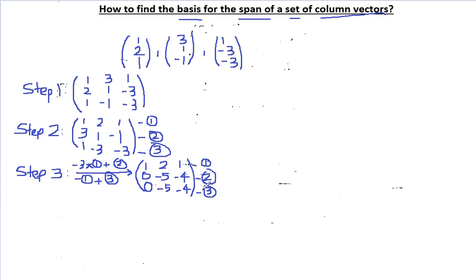So add minus 1 times row 2 to row 3. It's 1, 2, 1, then 0, minus 5, minus 4. And for the last row, minus times minus 5 equals 5, 5 minus 5 equals 0, and this will also go to 0.